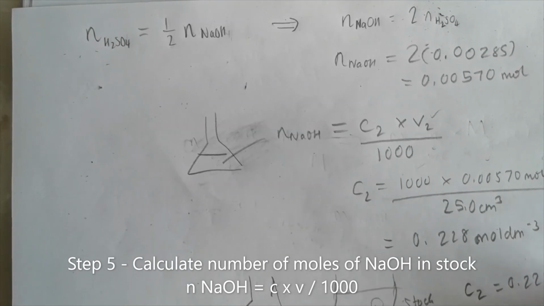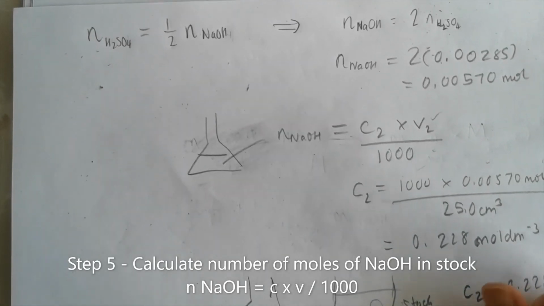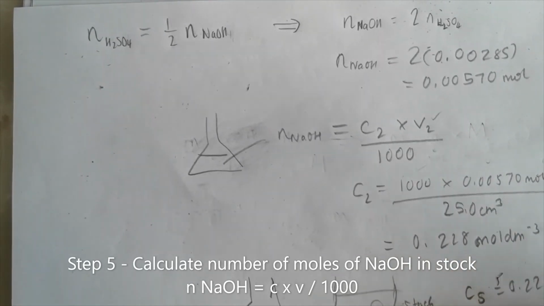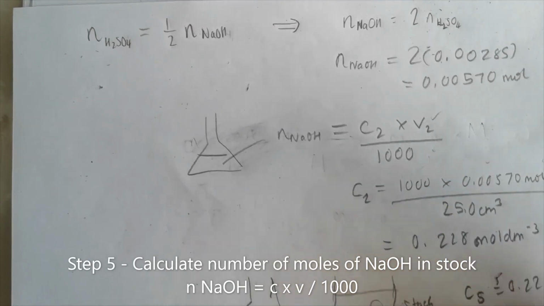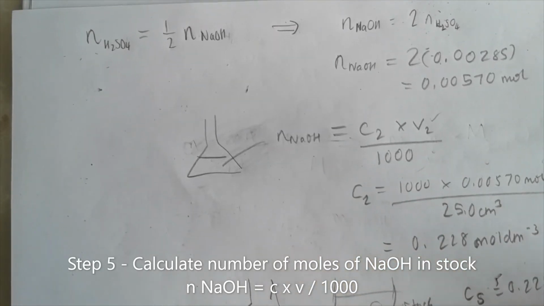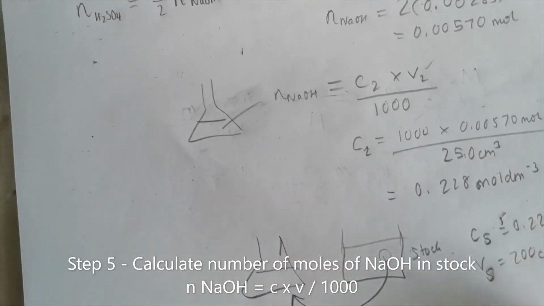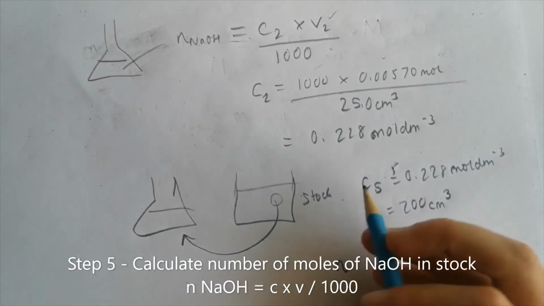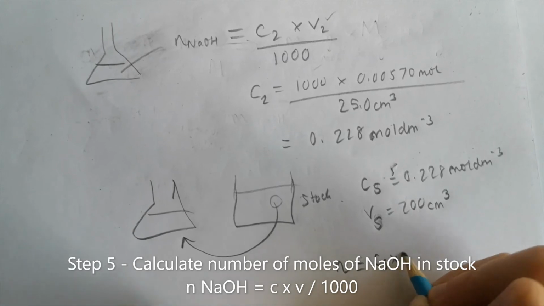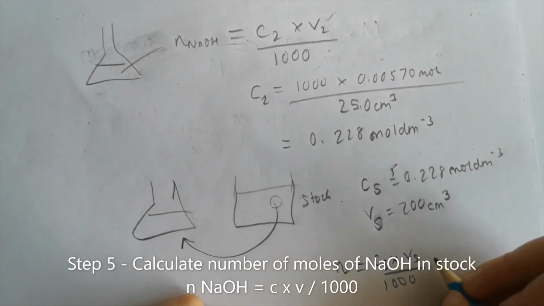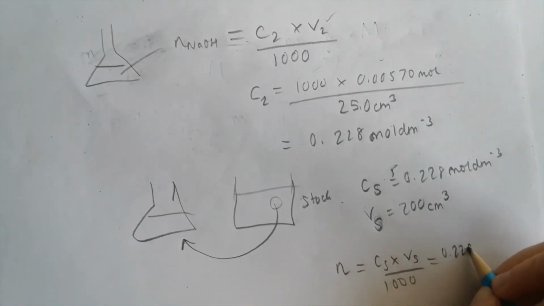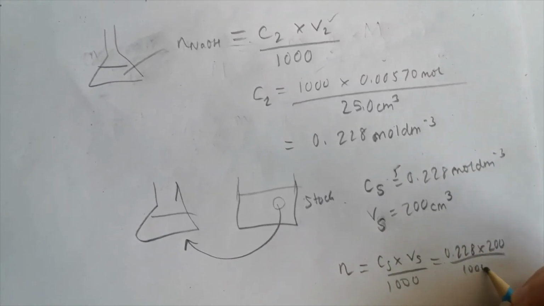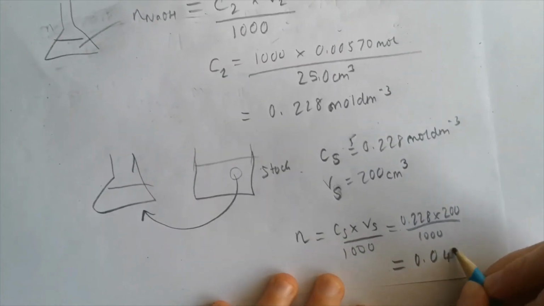Normally, like you'll be told in the question, the volume of the stock, and it's normally around 200 or 250, so the concentration of the stock is the same as C2, and the volume of the stock is different, it's 200 centimeters cubed. That means that we can work out the number of moles in the stock solution to be 0.0456 mole.